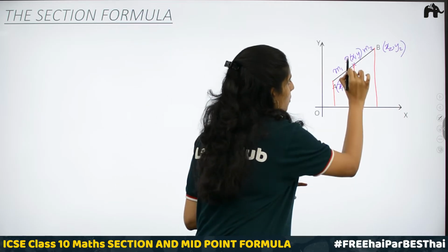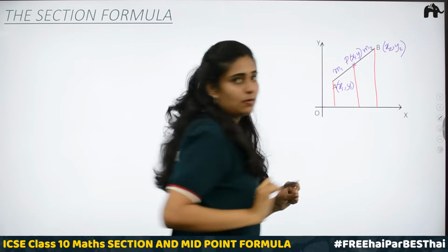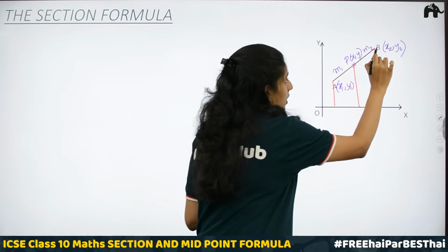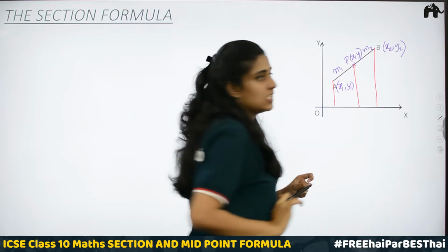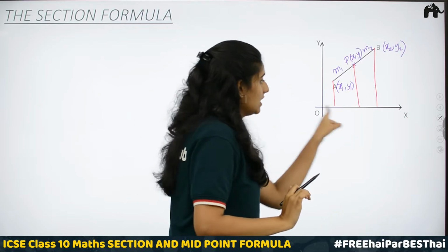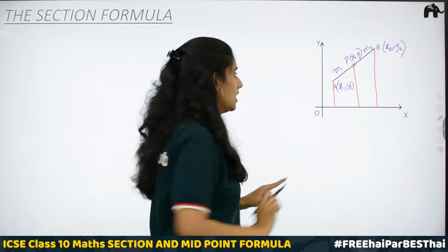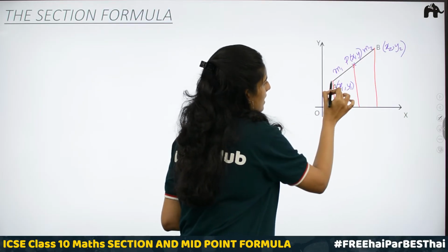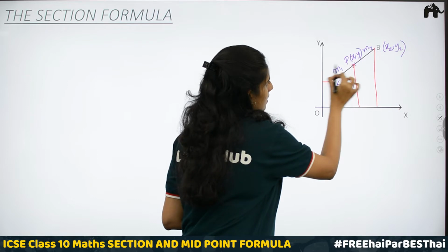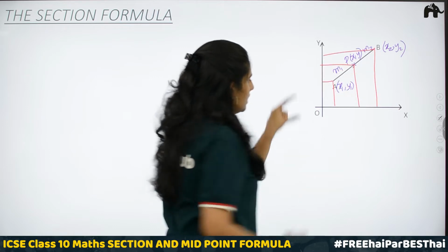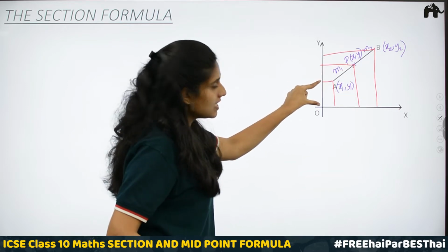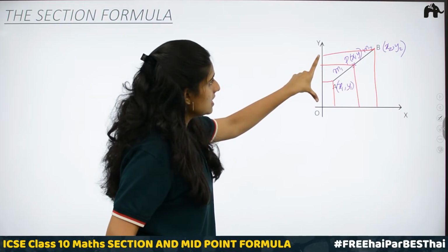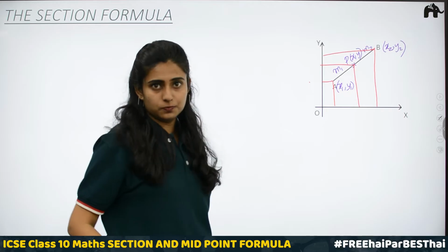Point P is at x distance from the origin along the x-axis, and point B is at x2 distance from the origin along the x-axis. Similarly, we will draw perpendiculars from points to the y-axis. This distance along the y-axis is y1, this distance is y and this distance is y2.